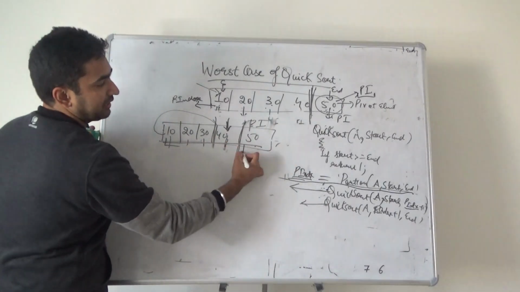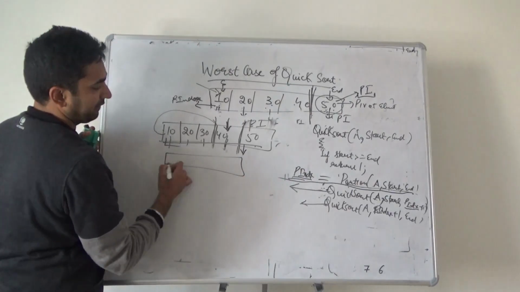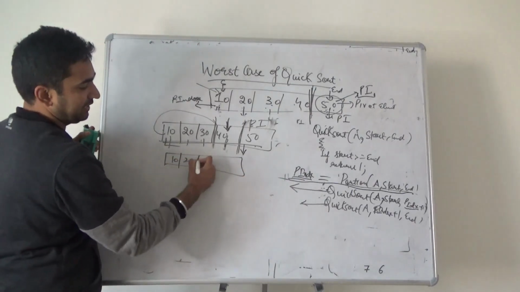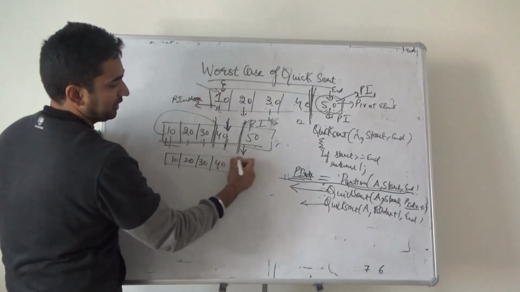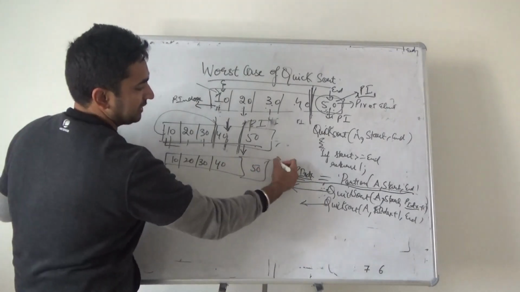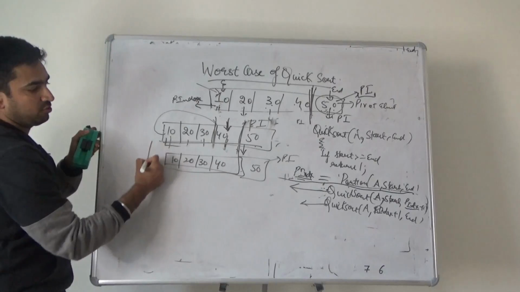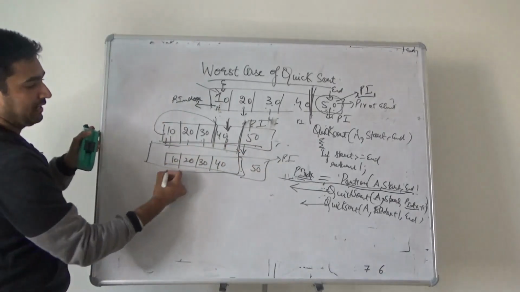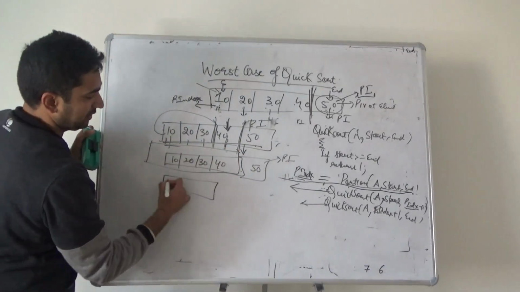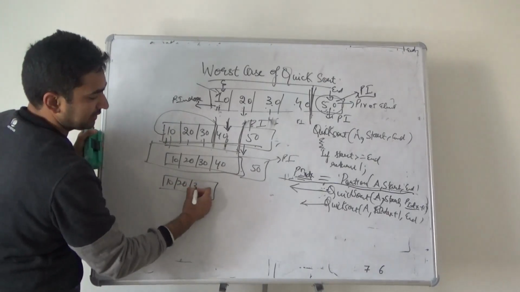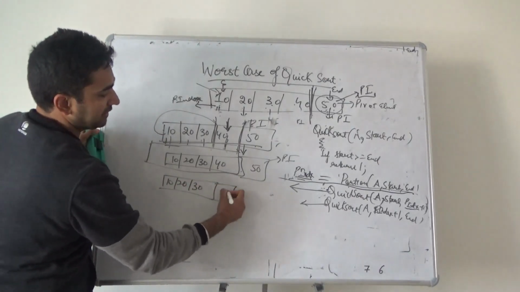The first iteration gave you 10, 30, 40 and 50. This was your partition index. If I solve this whole scenario, it will give me 10, 20, 30, and this is your partition index.